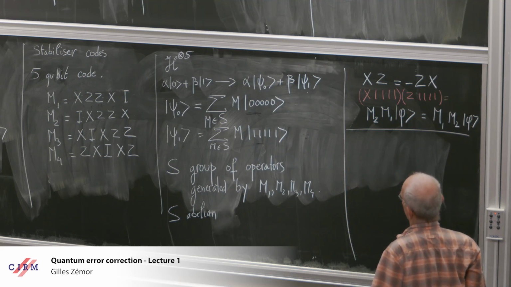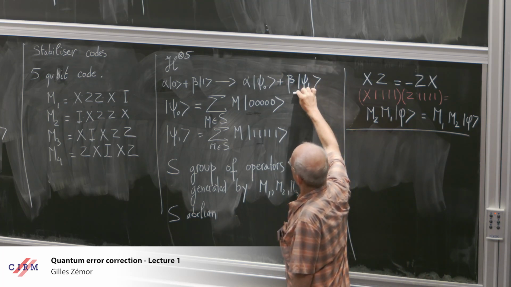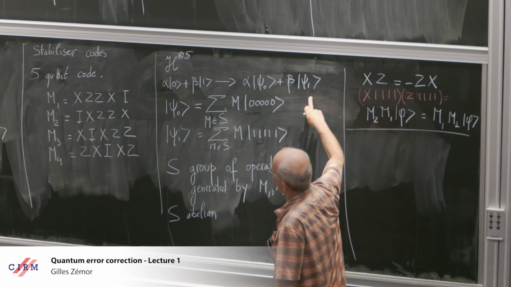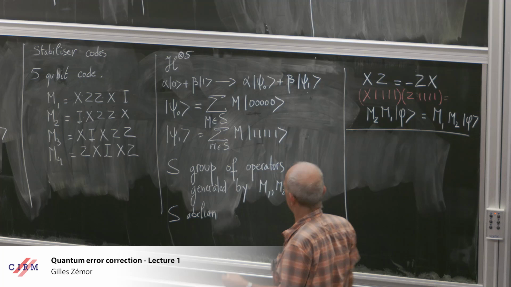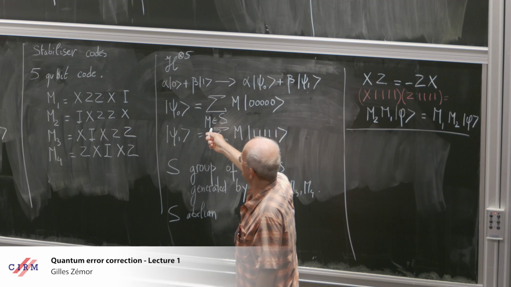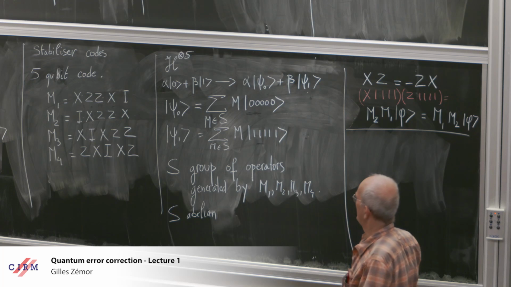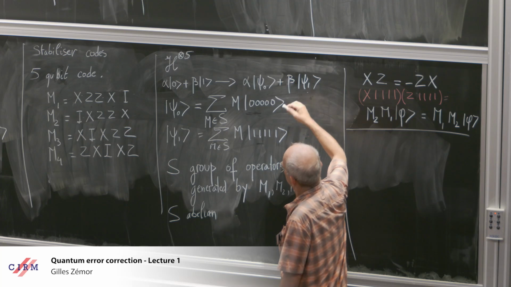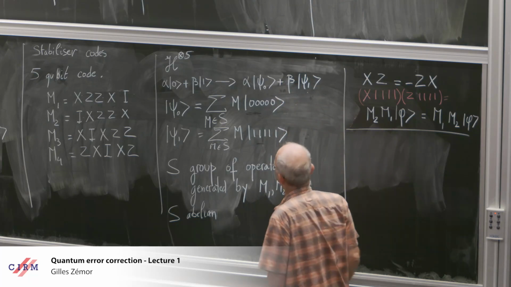And if you look at it a little more closely, you will see that this space of quantum states, generated by psi 0 and psi 1, is exactly the space stabilized by S. So by construction, clearly, psi 0 is stabilized by any M in S. Psi 1 is also stabilized by any M in S. And there's nothing else, states which are stabilized by M in S are just these states.